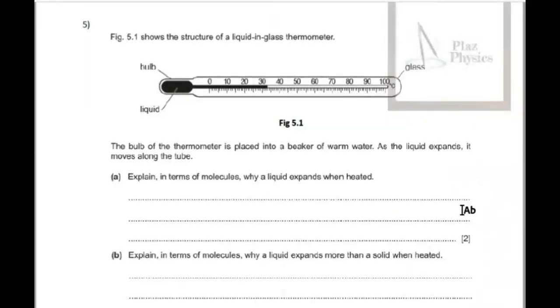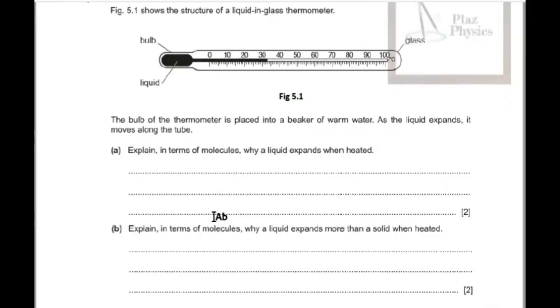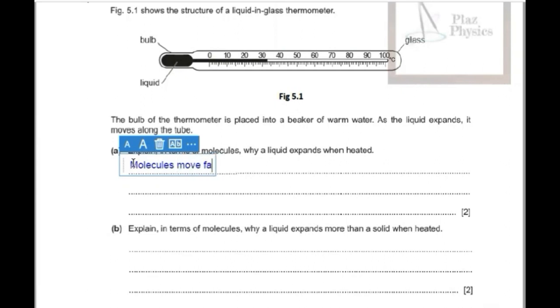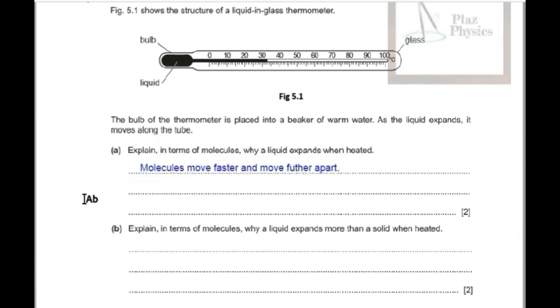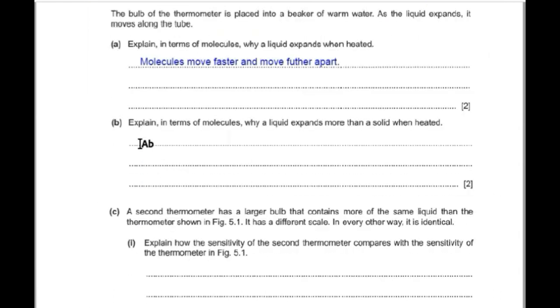Thermometer. Why does liquid expand? Molecules move faster and move far apart, further apart. That's why it expands. Okay, why does liquid expand more?